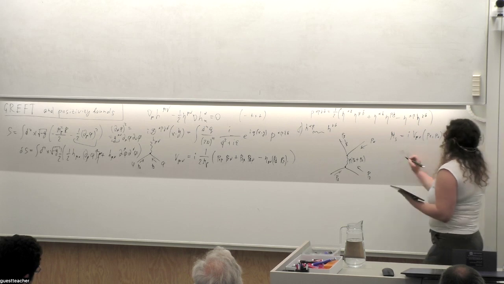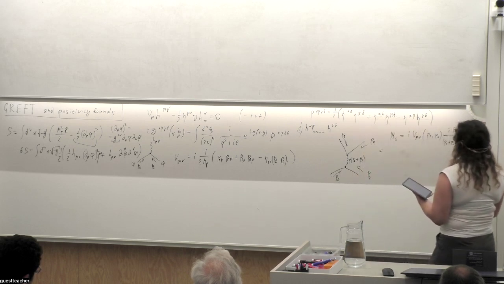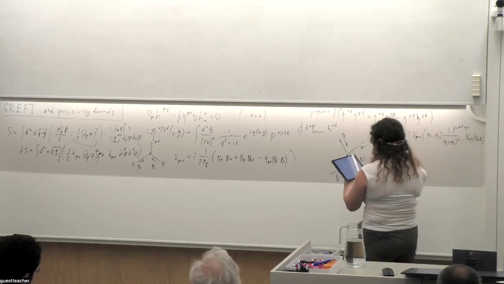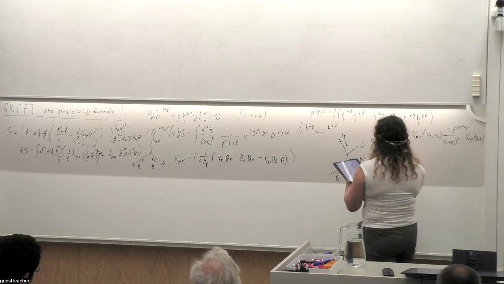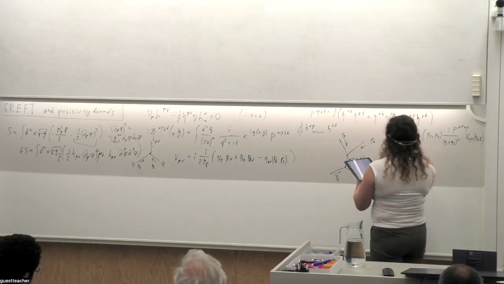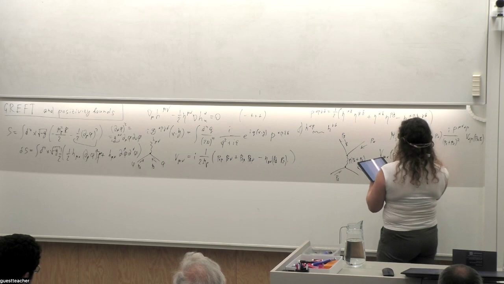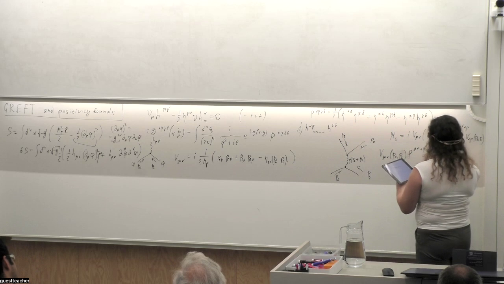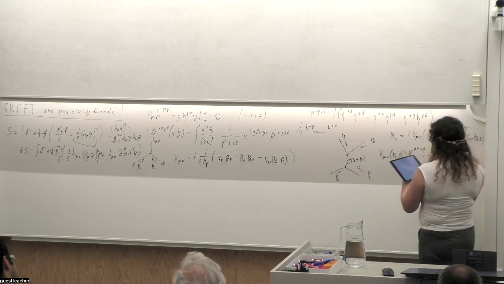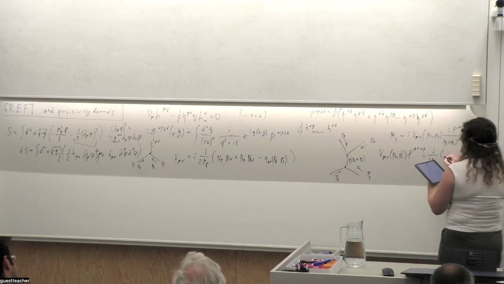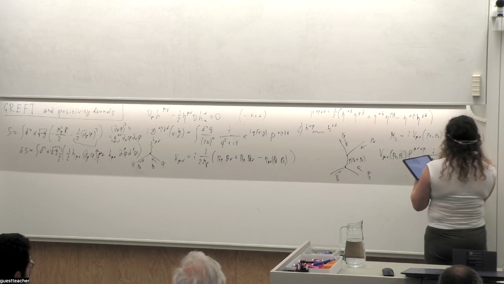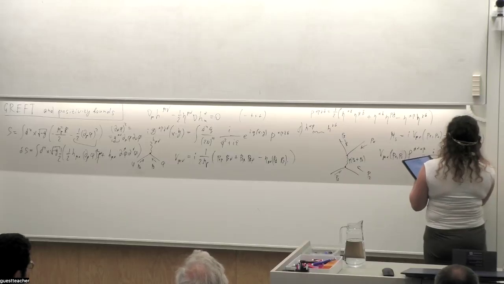To simplify the computation, I would note that V mu nu of P1, P2 contracted with the propagator P mu nu alpha beta will be equal to i over 2 Mp, and I will get just a combination of P1 alpha P2 beta plus P1 beta P2 alpha.